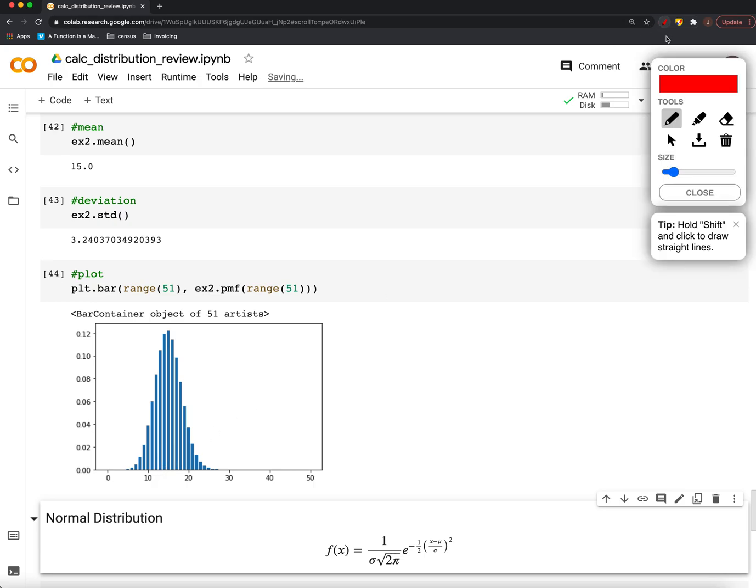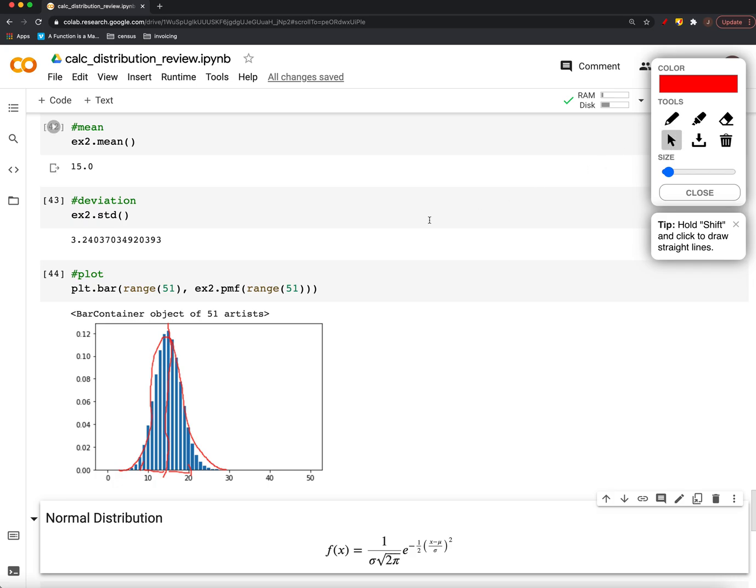The standard deviation of 3.24 is on average how far away from the mean each value was. So it describes kind of how spread out this is.